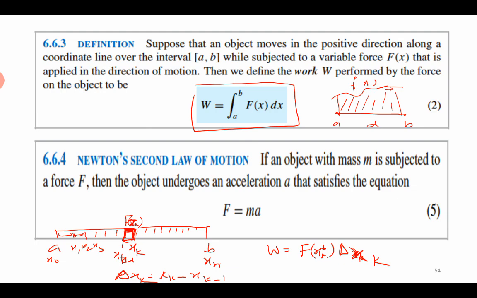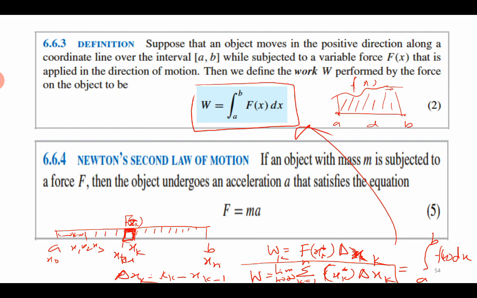There are n such parts, so we have to find the entire work done, which is the summation from k equals 1 to n of f of xk star delta xk. When n goes to infinity we get this Riemann sum, our work. That is the formula for the integral from a to b of f of x dx. This is the formula given here.